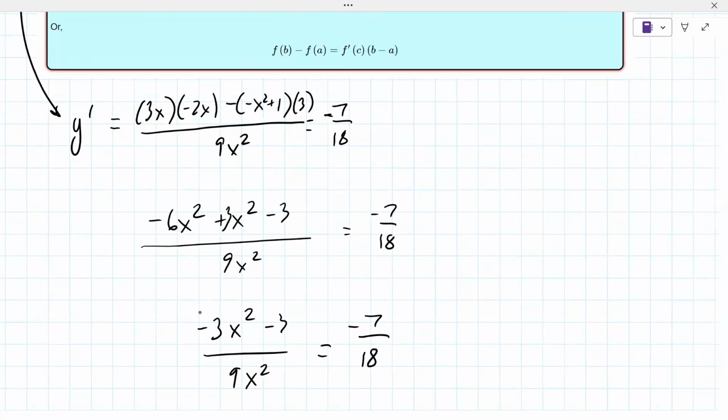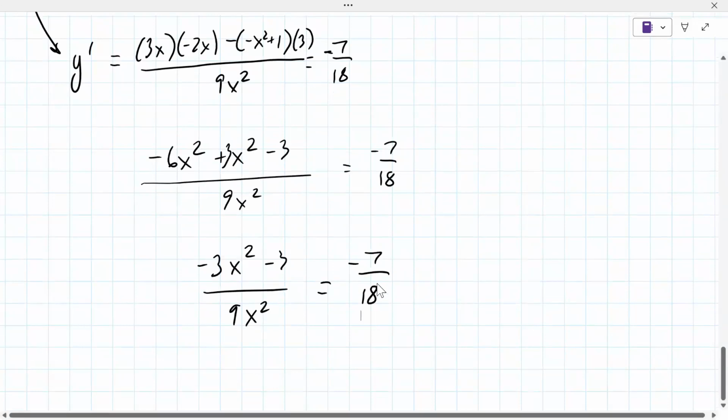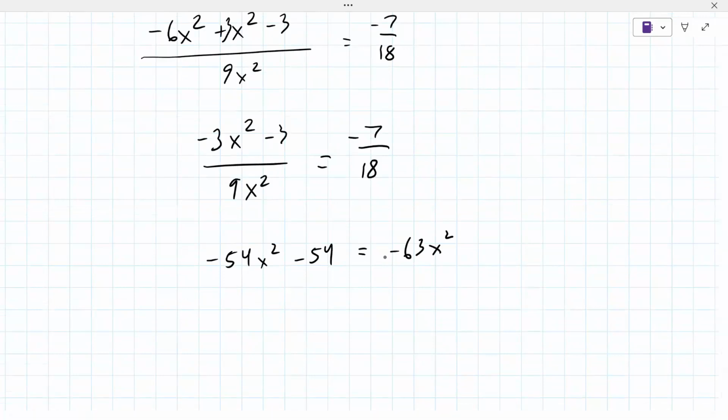So it looks really bad. Like it looks like, oh man, how am I going to solve this? But you can do it. You cross multiply here. Negative 54x squared minus 54 equals negative 63x squared. You end up moving the 63x squared over and adding 54 to both sides. And you get 9x squared equals 54.